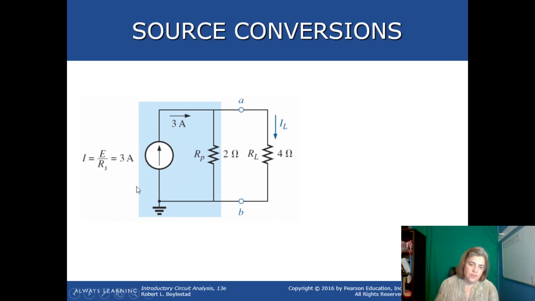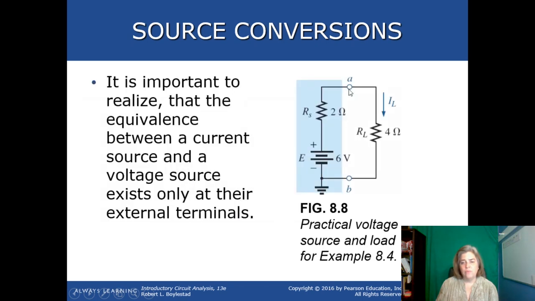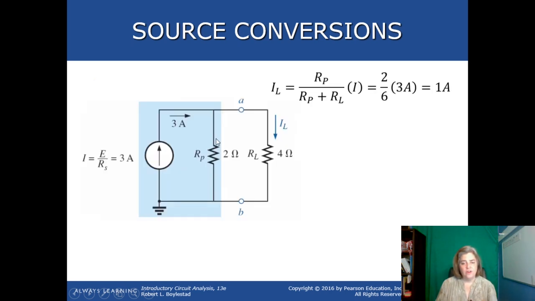Okay, so now our equivalent current source is a 3 amp source in parallel with a 2 ohm resistor and the 4 ohm resistor. You might have noticed the A and the B. What we did was we marked the terminals where that voltage source was, took it off, and then put our current source right back. Now I'm going to show you a new current divider equation that you might find useful, especially when we get to working these problems in AC.